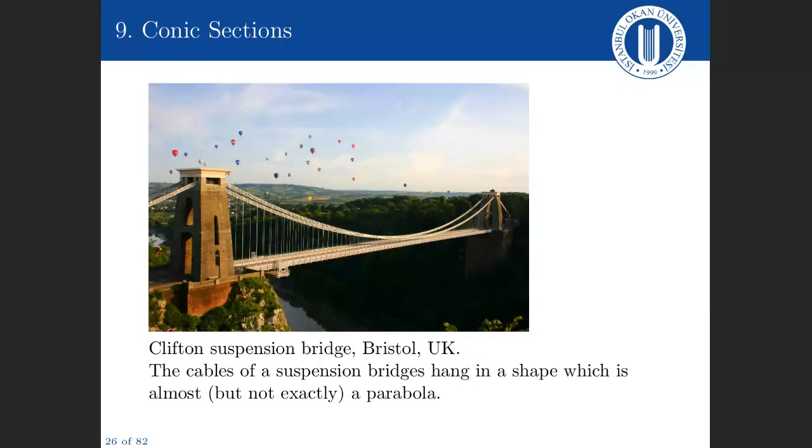Look at the curve of the ropes. If you become a bridge architect, your engineer will explain to you that this curve is not exactly a parabola because of the way that the forces hang on it. But for our purposes, or if you're drawing a picture of a suspension bridge, we can assume that this actually is a parabola.